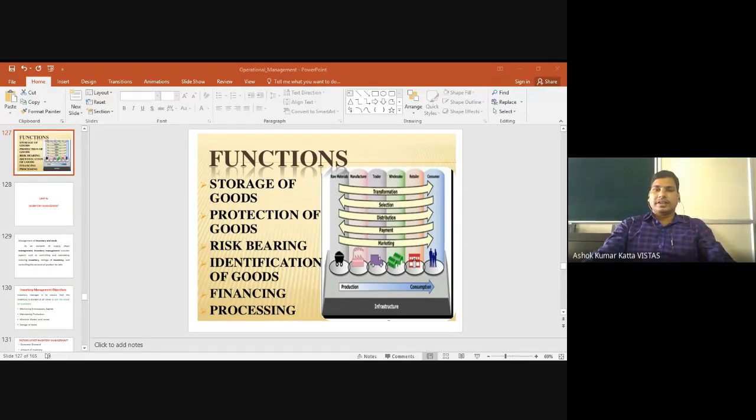Third one, maintaining warehouses involves risk bearing, because no business runs in a sophisticated, risk-free way. Every time we face a risk factor.